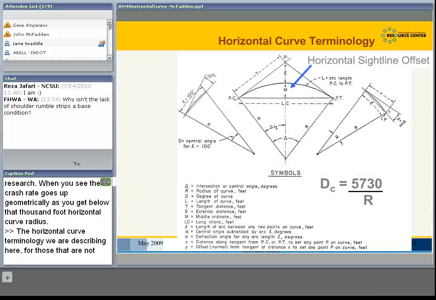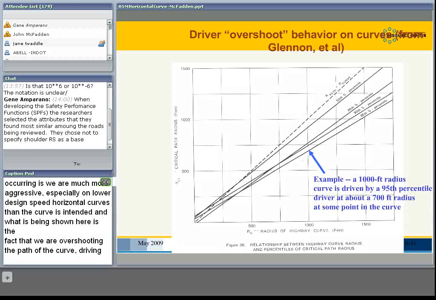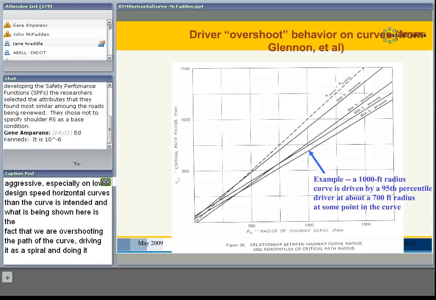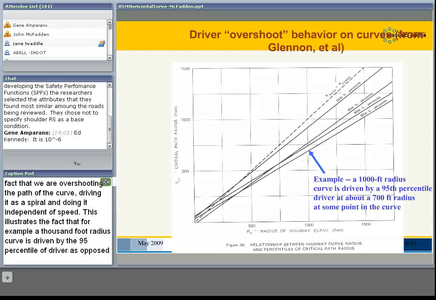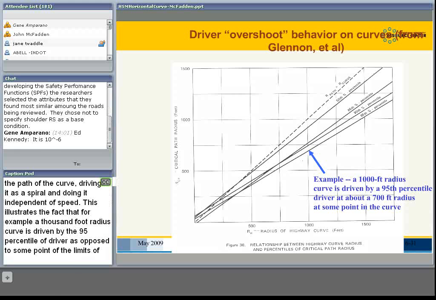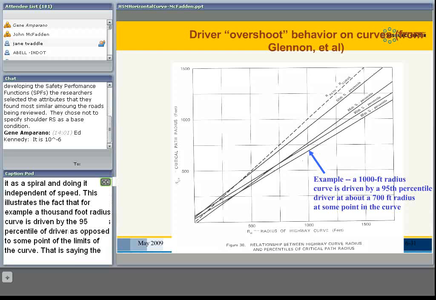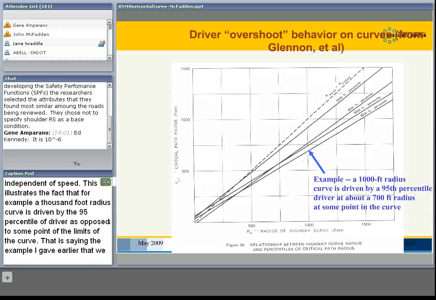We as drivers traverse horizontal curves more like a spiral than an actual constant radius and constant speed. Research following up, investigating the implications of the difference between the AASHTO model and how we actually drive these curves, shows that we are much more aggressive, especially on lower design speed horizontal curves, than the curve is intended.